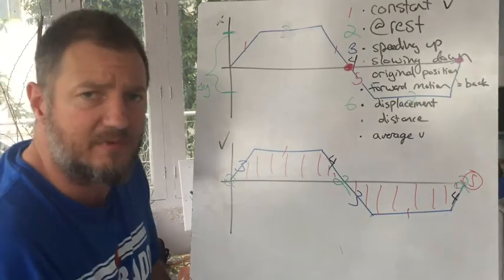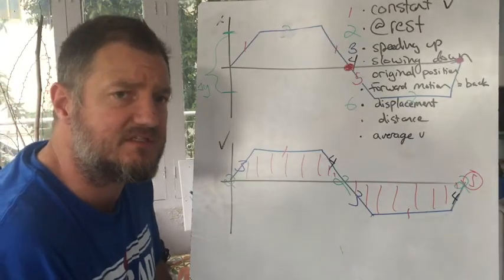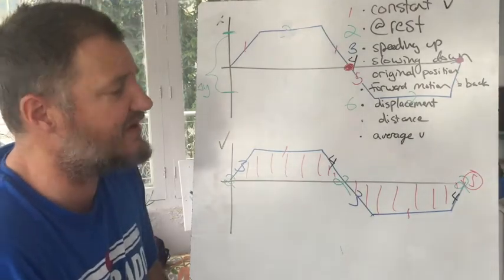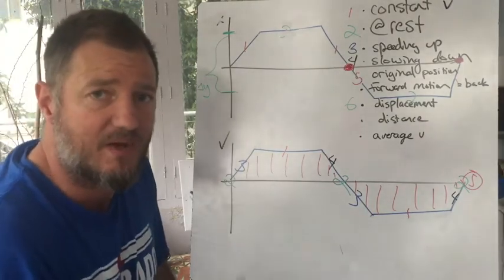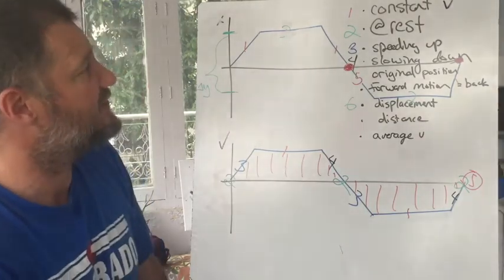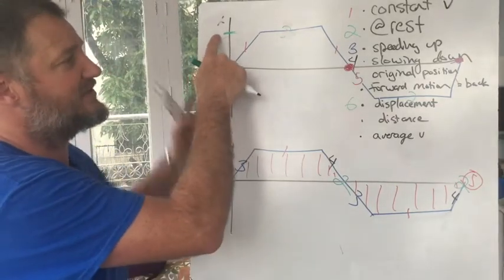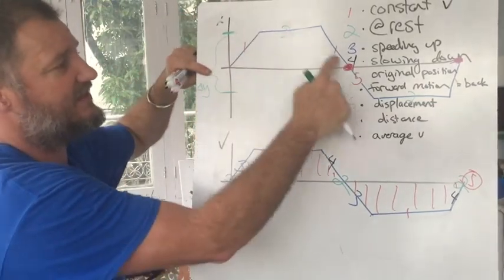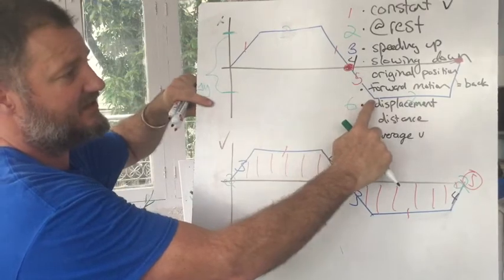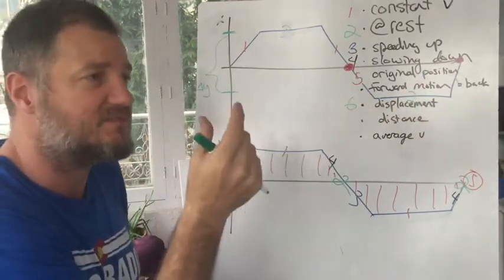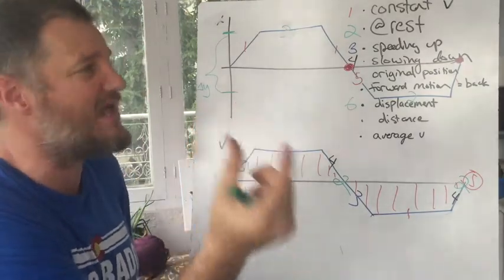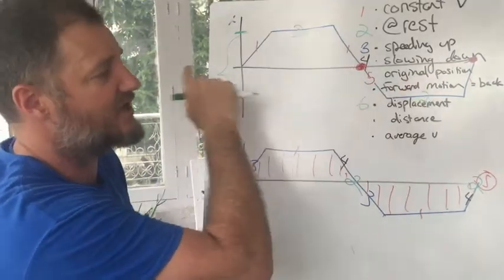But the distance is a little bit different. You have to understand the difference between distance and displacement in terms of vector and scalar quantities. But because distance is a scalar, it's all just positive values added up. You move this distance of x plus this distance of x as you get here, plus this distance of x, and then plus this distance of x. There are 4 distinct displacements or distances that you would add up to get the total distance covered.